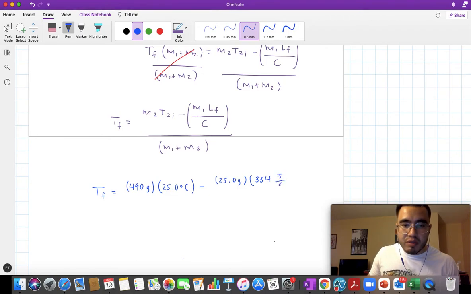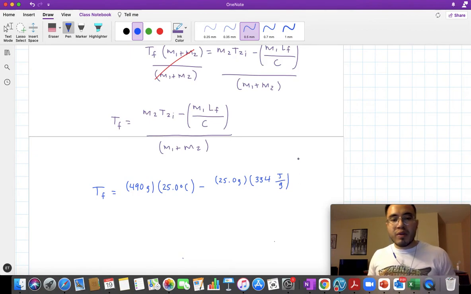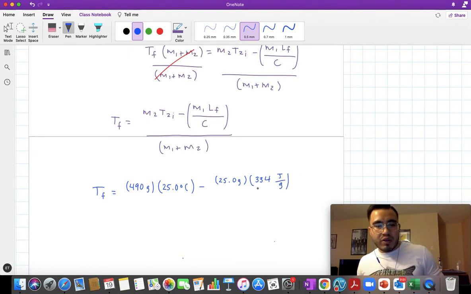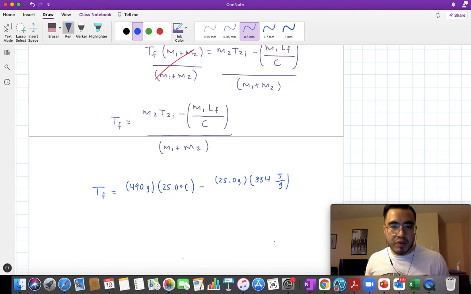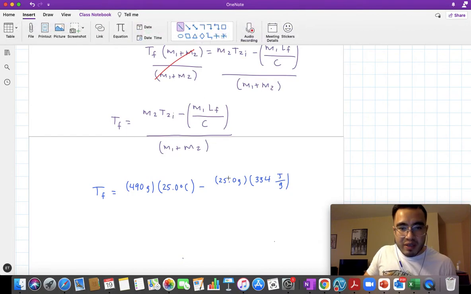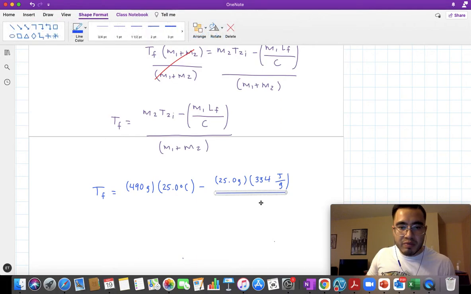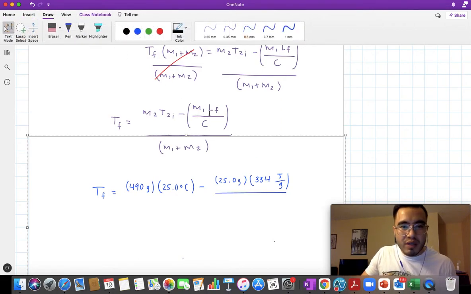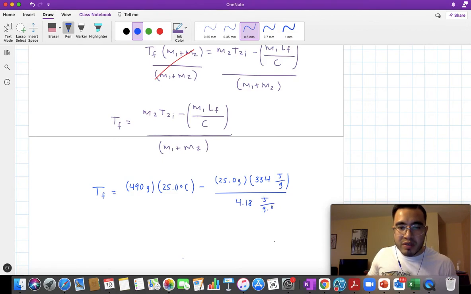joules per gram. Now what I want to point out is if we were doing the opposite, meaning freezing, we would need to account for a negative sign here. And then that's divided by the specific heat, which was 4.18 joules per gram times degrees Celsius.